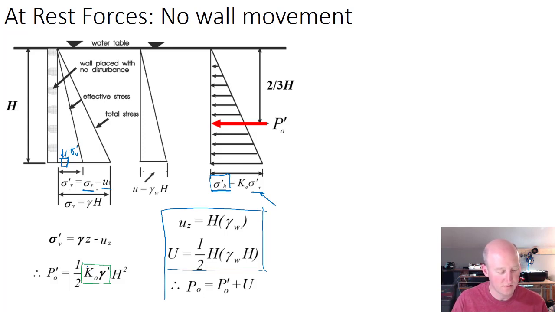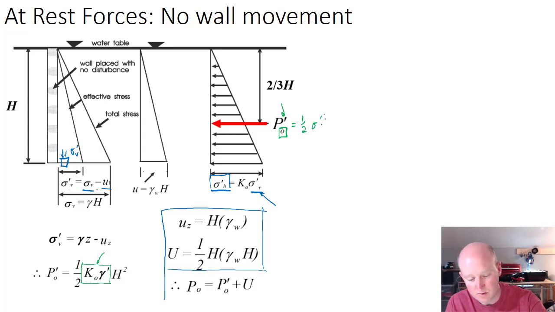So this thing right here is kind of like the unit weight of water in the previous example. So you can do it this way, but if it were me doing the calculations for P naught prime, so the naught means at rest, the prime means that it's effective stress, and so I would do this calculation: 1/2 sigma prime h, for horizontal, times the height of the wall.